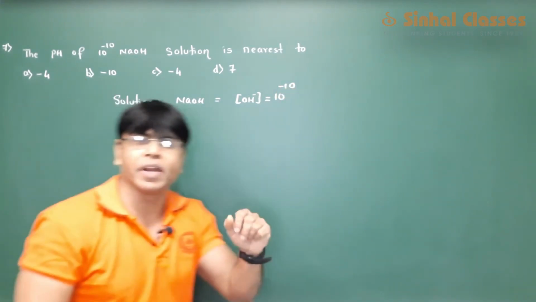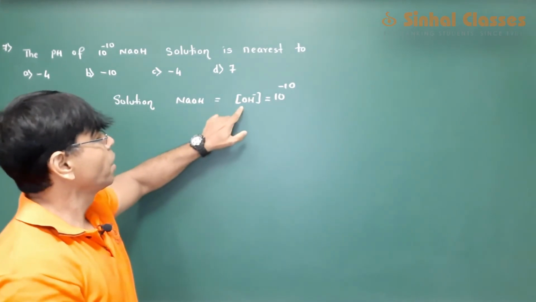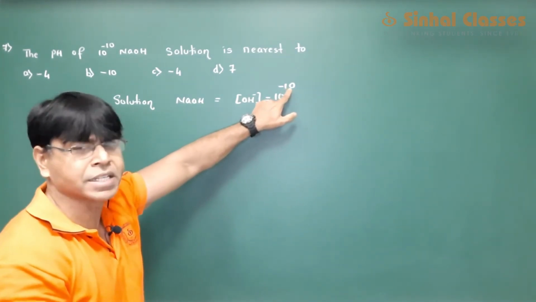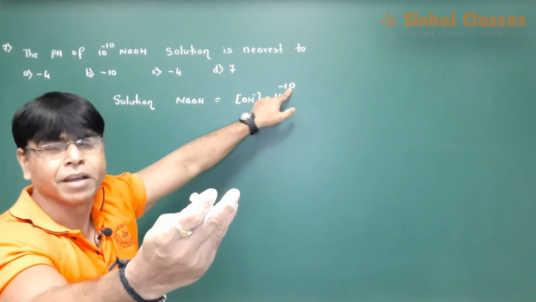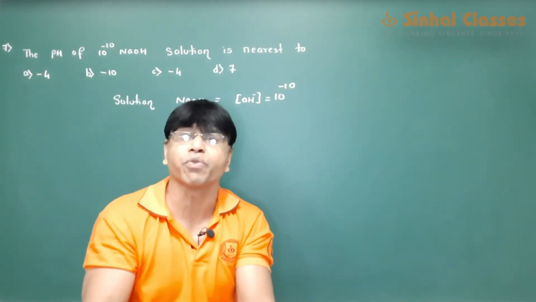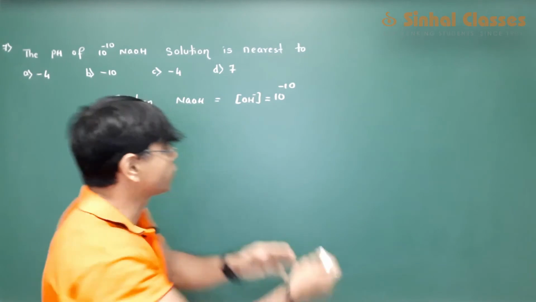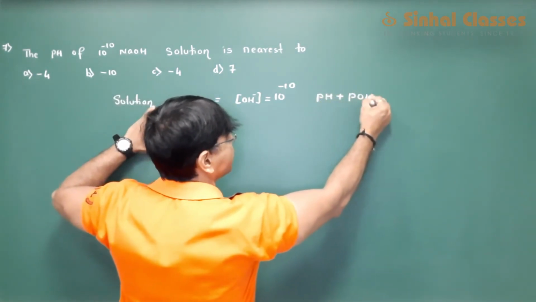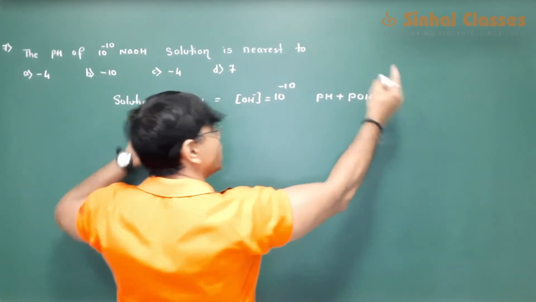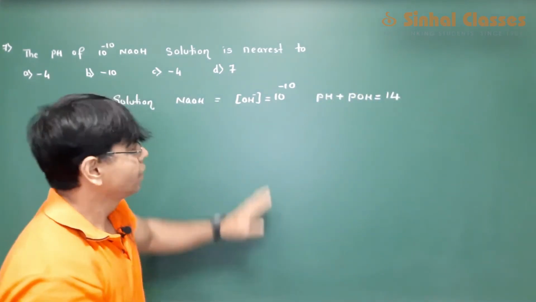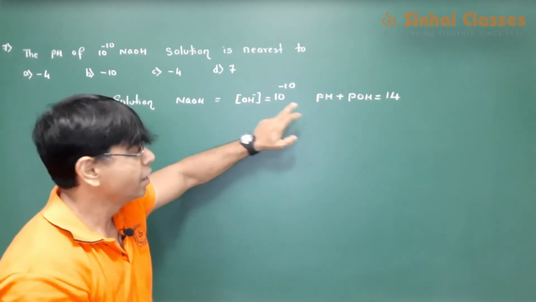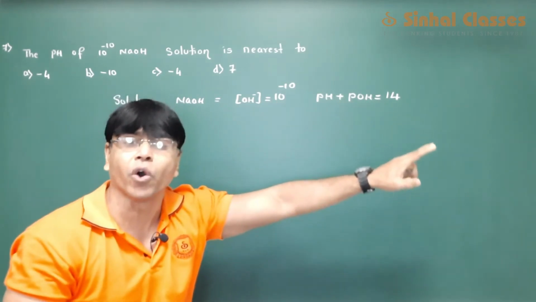Many times students take OH as 10 raised to minus 10, so pOH will be 10, and then they directly say the pH is 4, because they know that pH plus pOH is equal to 14.